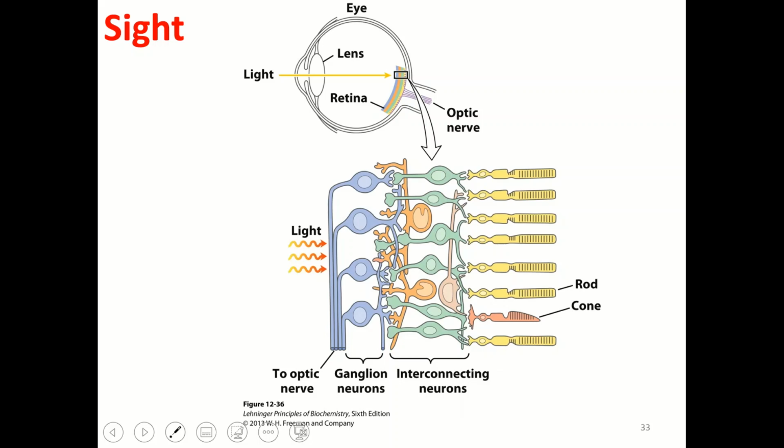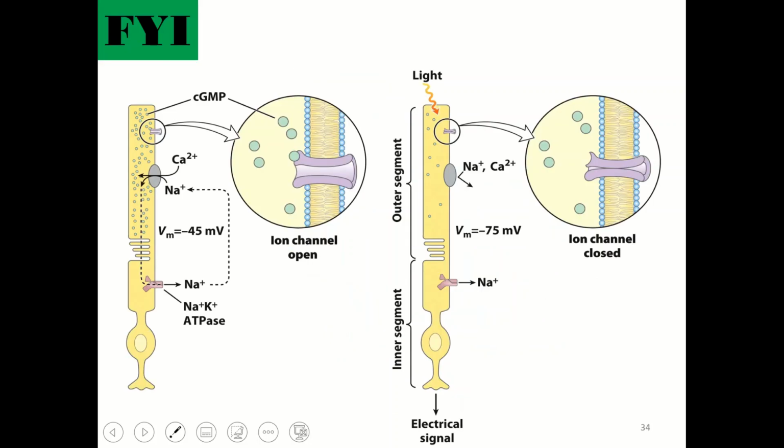In sight we have rods and cone cells that then transduce the light hitting the rods and cones, and then that elicits a response into your neurons and into the nerve cells, which then goes to the brain and depicts that sight, the light hitting the rods and cones, as an image.